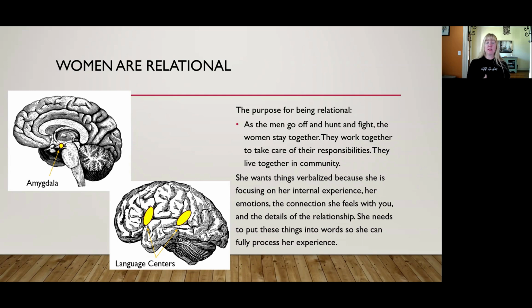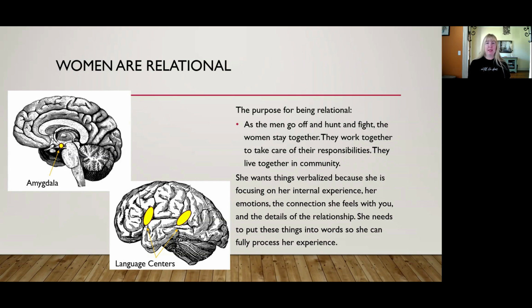And that's one reason why she tends to process things out loud. She tends to be more verbal about her emotional state or about her concerns about being able to collaborate and cooperate and work as a team, because that is part of her nature and it's part of the way that God designed women. And it also factors in these other parts of the brain, like I said.